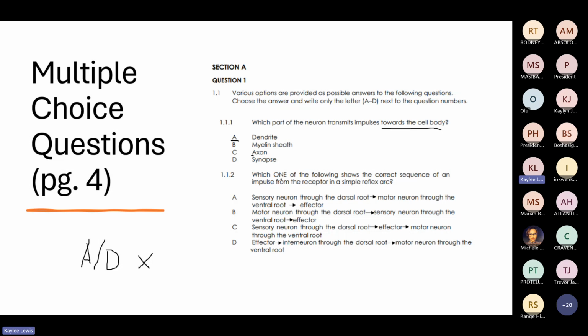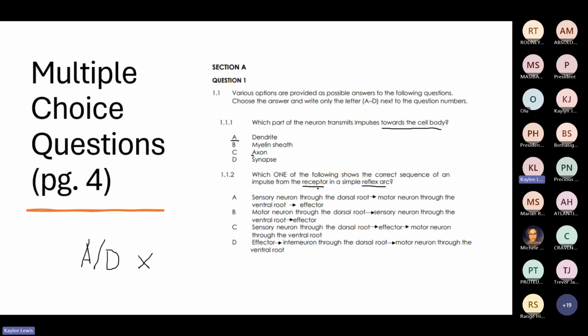1.1.2, which one of the following shows a correct sequence of an impulse from the receptor in a simple reflex arc? So they want the correct sequence from the receptor in a simple reflex arc. So we know that the receptor will detect the stimulus, which is a change in the environment, and generate an impulse.